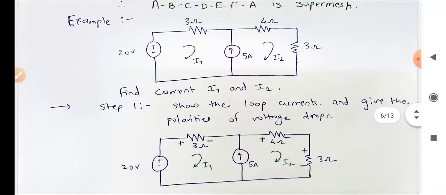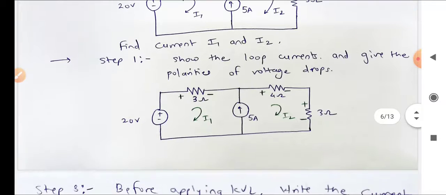Okay, so before writing the current source equation, first of all, as we are giving the loop currents, according to those loop currents we are assigning the polarities to each and every element in the network.